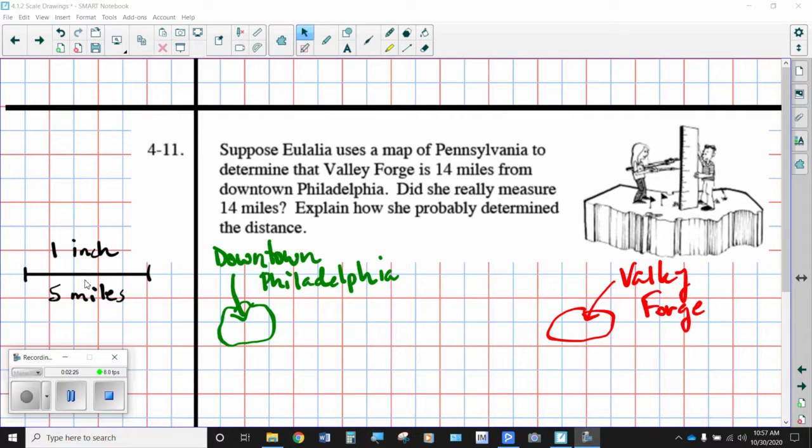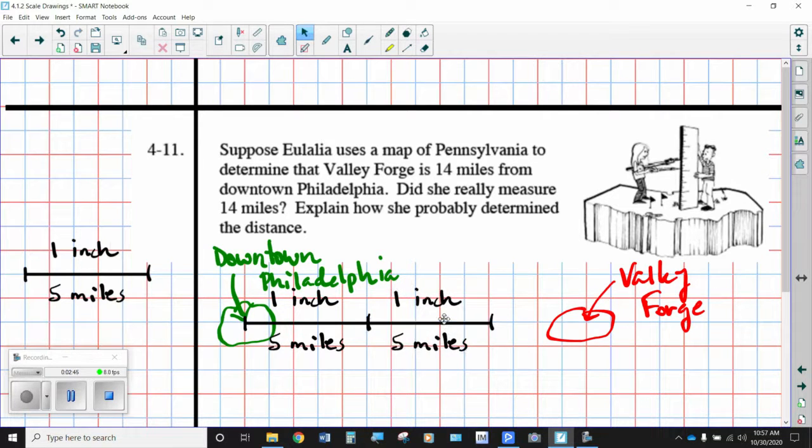And since the scale on the map says 5 miles is 1 inch, for every inch that we measure from this location, which is considered downtown Philadelphia, that's 1 inch. Here's 2 inches.